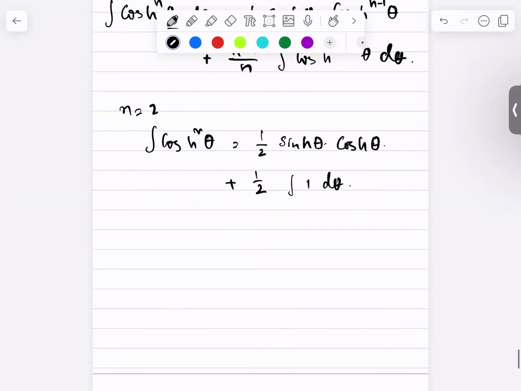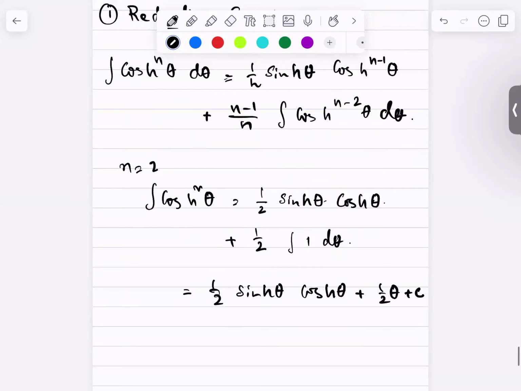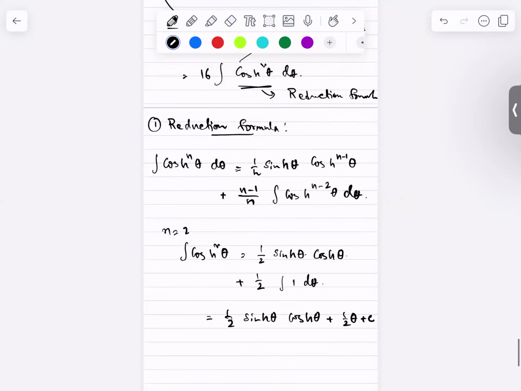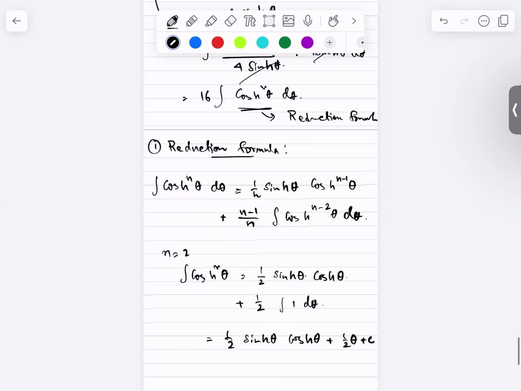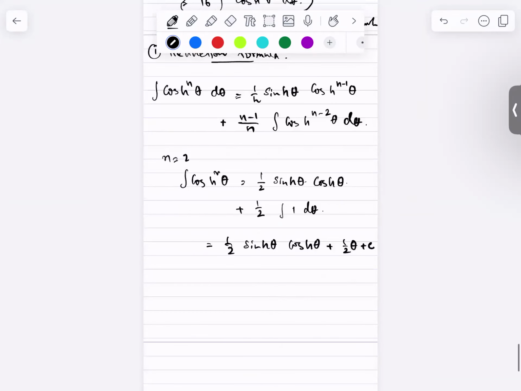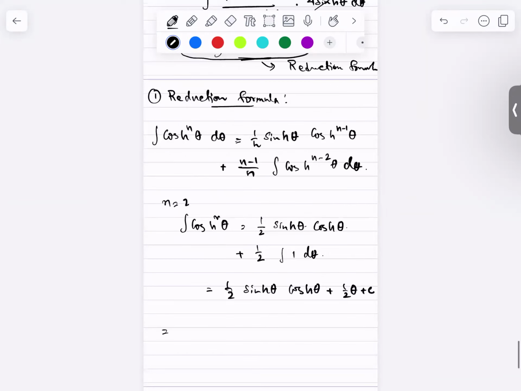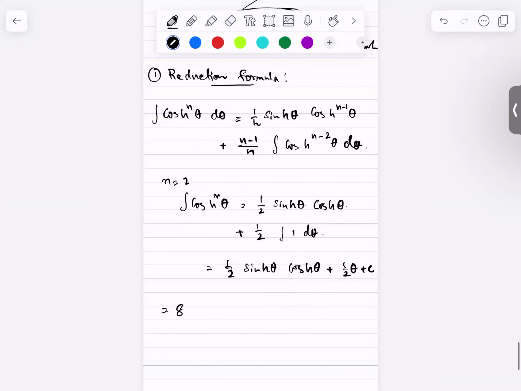So this is half sine hyperbolic theta times cosine hyperbolic theta plus half theta plus c. Okay. So therefore, if I put that in my last line of the integration, then I'll get something like 8 sine hyperbolic theta times cosine hyperbolic theta plus 8 theta plus c.